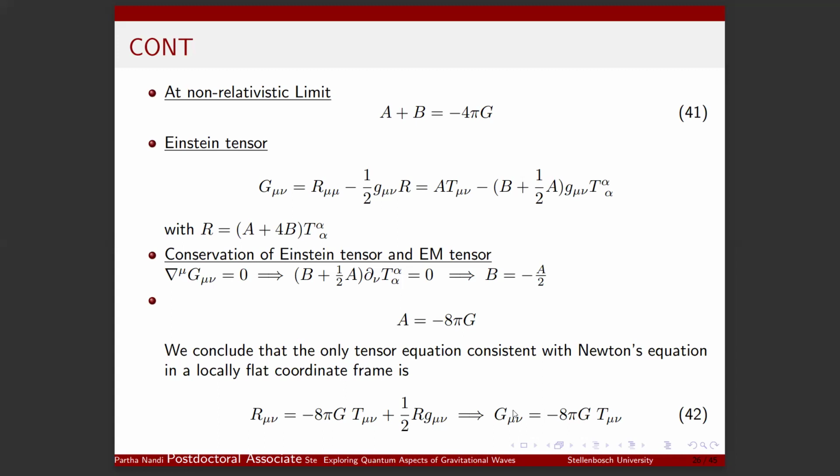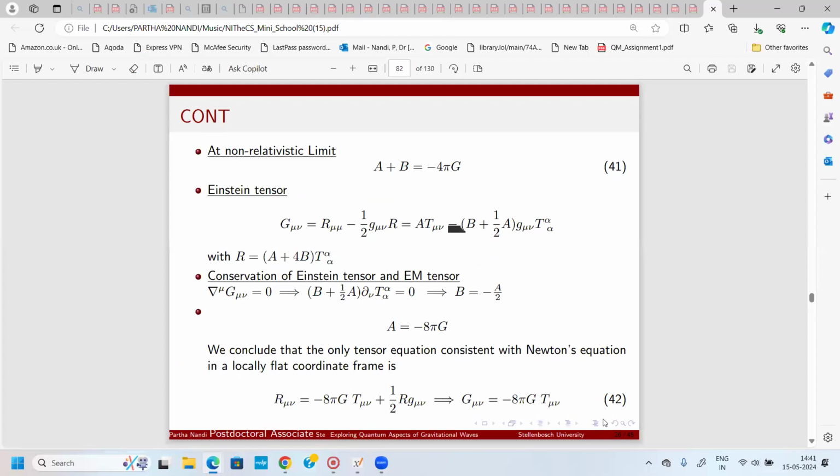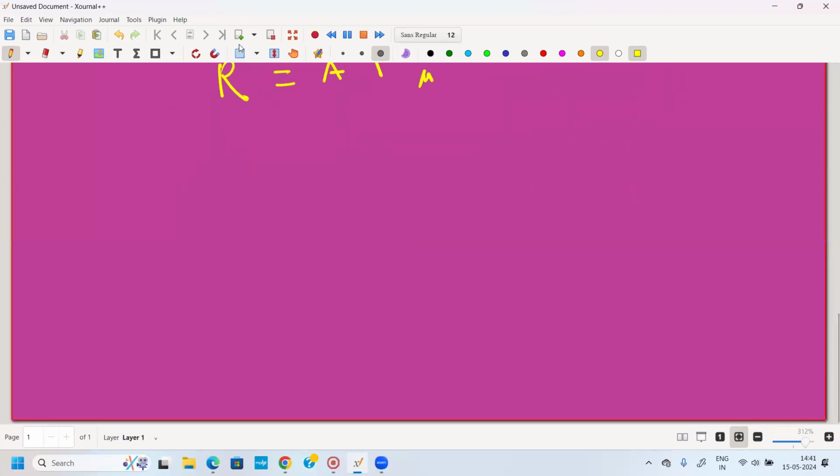Now the question is how one can obtain this expression of T mu nu, the geometry component of the particle. In order to obtain this expression, one can observe it from a very standard definition. Suppose you have the action of a particle in curved space.